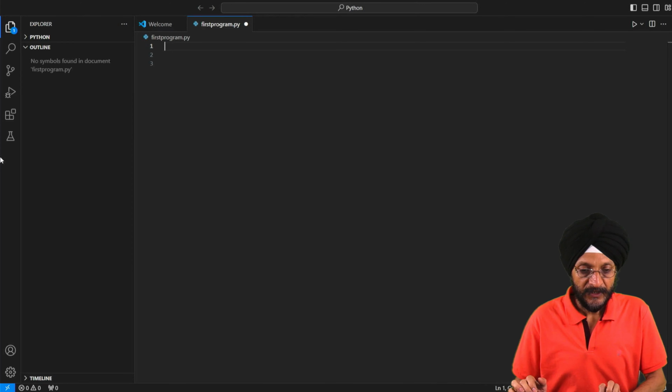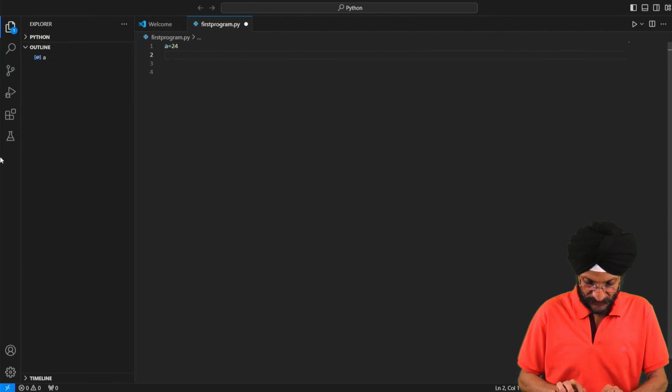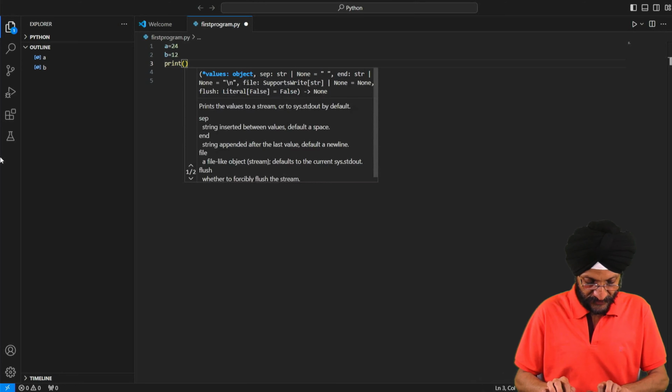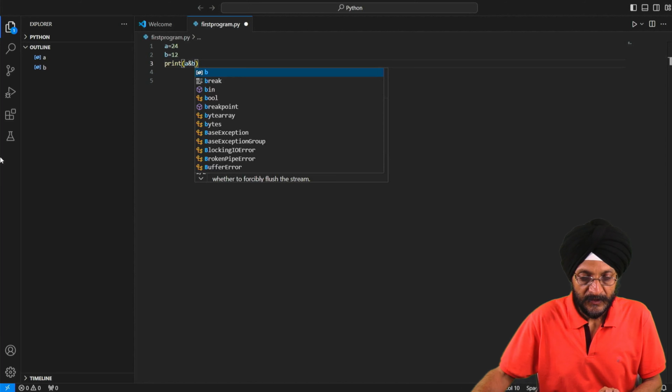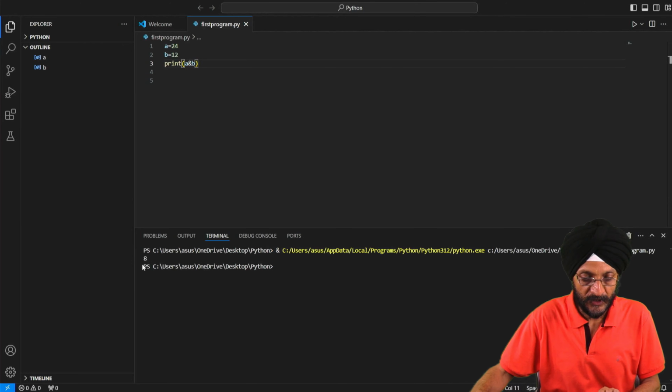So we start. A is equal to 24, B is equal to 12. Now we use print function and write A bitwise and B. So now we use the run function. Here you can see the output, it is 8.